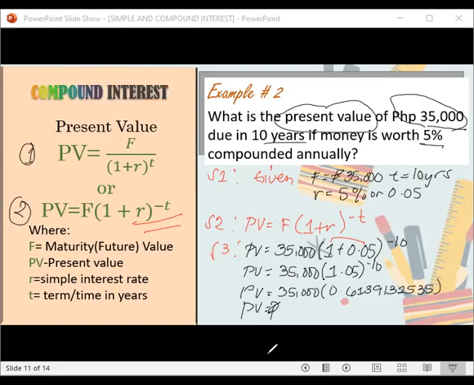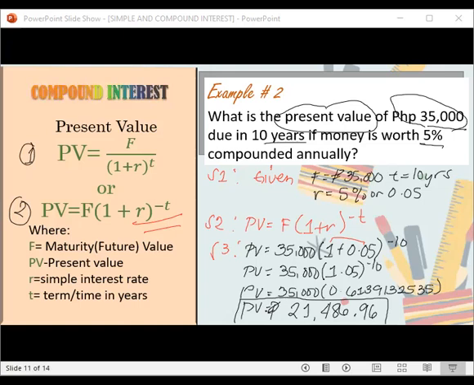The final answer is 21,486.96 pesos. So, ibig sabihin, yung value ngayon ng pera niya is 21,486.96.